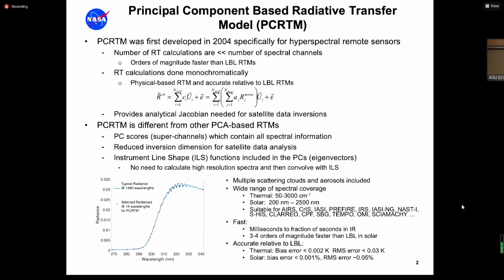This is an example in the solar spectral region, the OMI spectral region, to retrieve ozone profiles. Originally you have about 1,500 monochromatic points, but with the PCRTM you only need to do 14 monochromatic calculations. So you reduce the computational burden by a factor of 10 to a factor of 100.